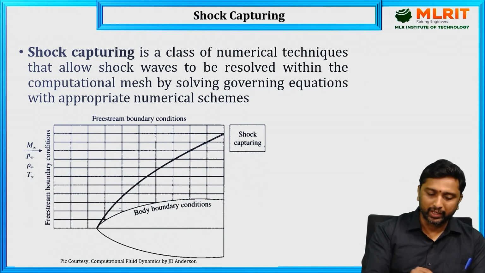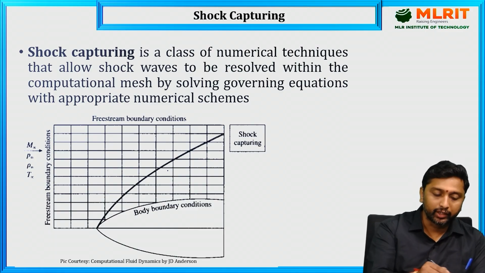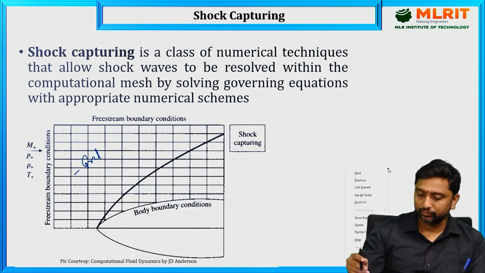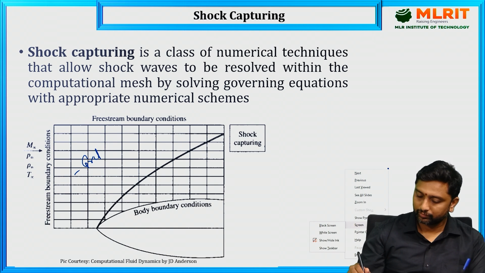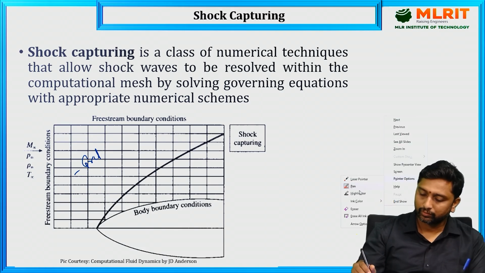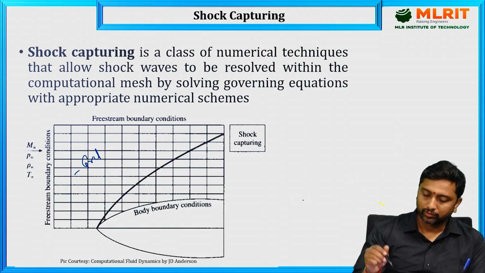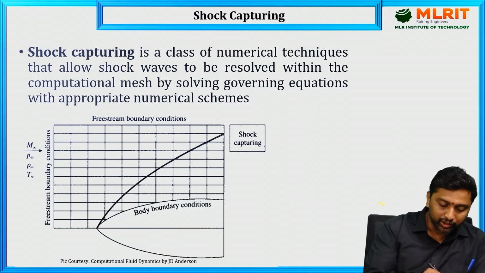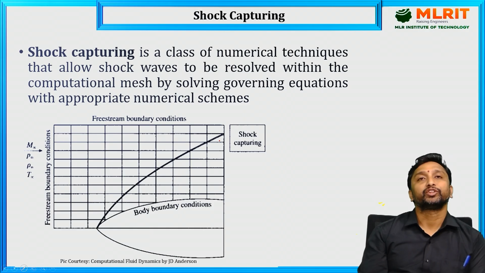Now this is a simple example where you have a body and the shock, and you can see that there is a grid or mesh. So you are directly capturing the shock wave inside this mesh.